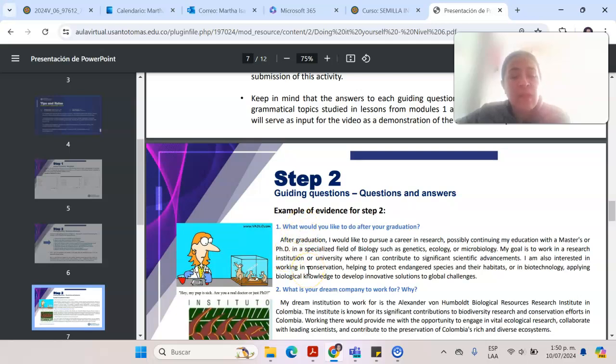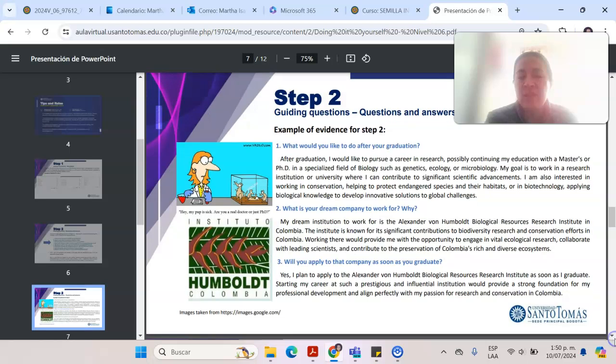Okay, and you have the possibility to include any picture, any image that you want to share. Please don't forget in step number 2, question and answer, and this information is included on your blog, please.